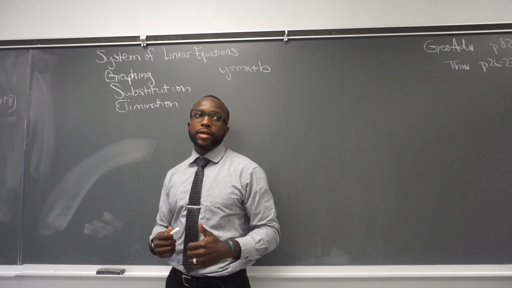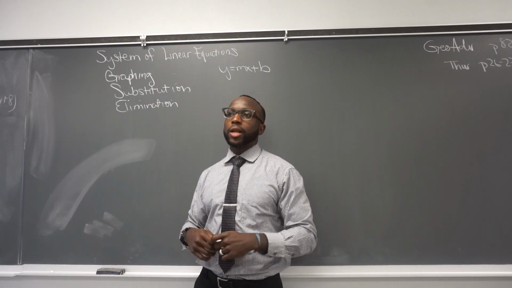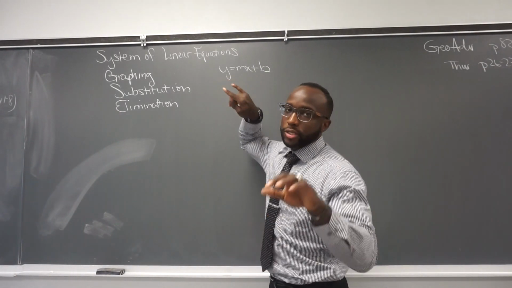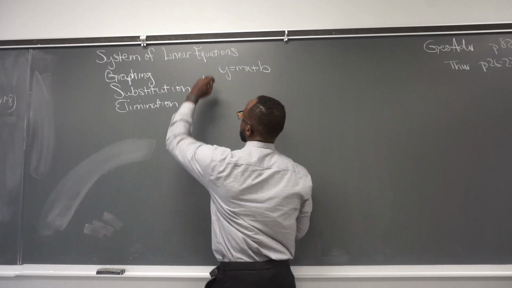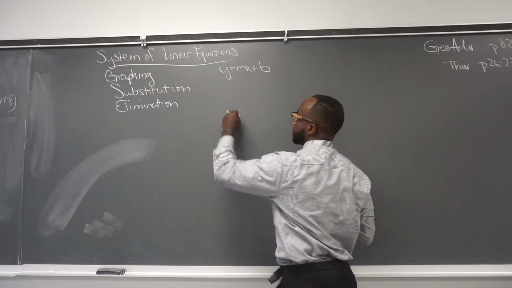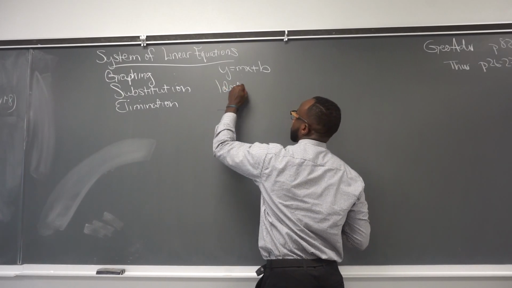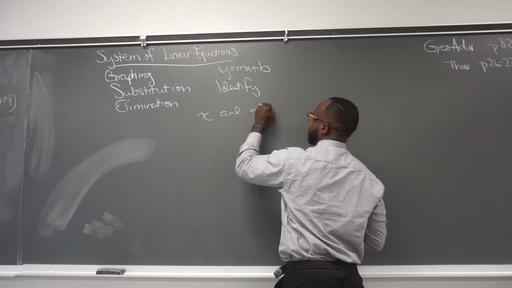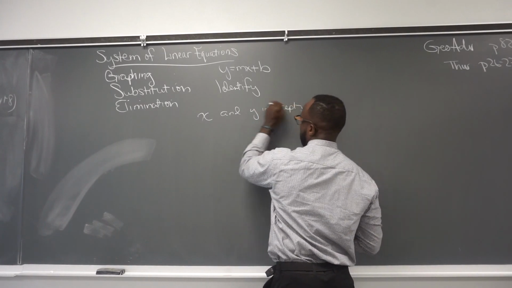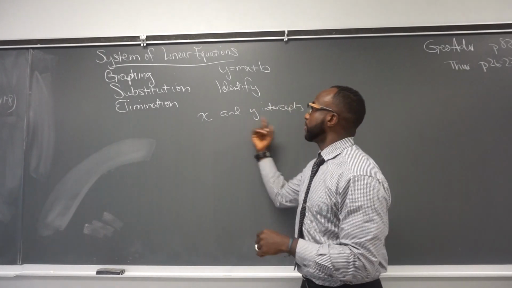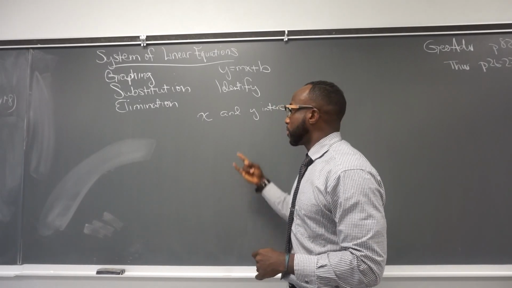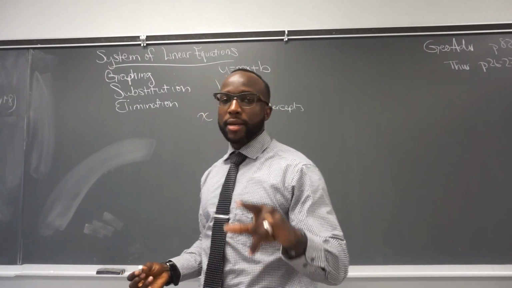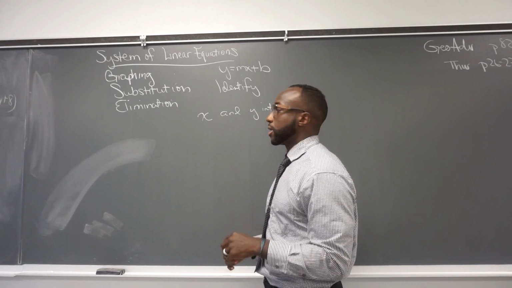But for students that aren't really mathy and don't really like to do a lot of math work, they just want to get through it, I found that the easier, simpler way of solving system of linear equations by graphing would be to identify the x and y intercepts first. Now, when you identify the x and y intercepts first, then you can take those 2 points and plot a line, because we learned that a line is made by 2 points. You need at least 2 points to create a line.